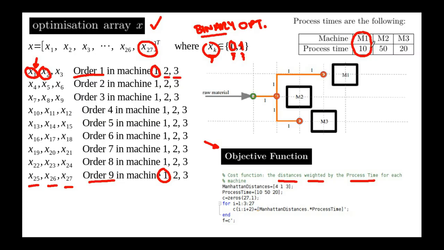Everything that deals with machine number 1 will have a coefficient in the cost function that will be 10 multiplied by 1, 2, 3, and 4. That is the Manhattan distance for machine number 1. So here we have the Manhattan distance, 4. Here we have the process time, okay?